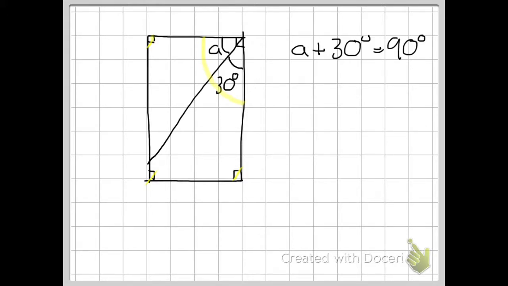So angle A would have to equal 60 degrees, because 90 minus 30 would be 60. 60 plus 30 equals 90. So the sum of the angles in a rectangle divided by a diagonal are going to always add up to 90 degrees.